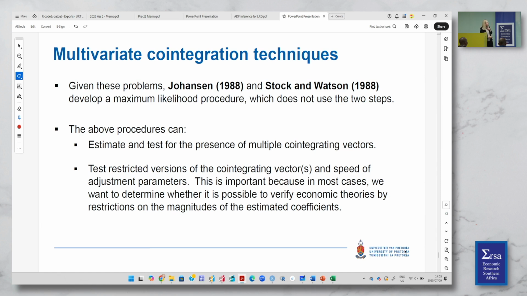So the Johansen approach and Stock and Watson, those are both maximum likelihood procedures, which can then test for multiple co-integrating vectors. This has made it into the literature, especially for when you estimate a system like prices and wages and maybe labor and production, employment and production.